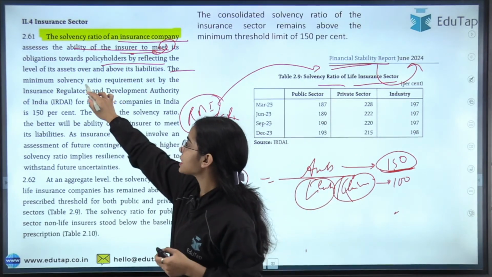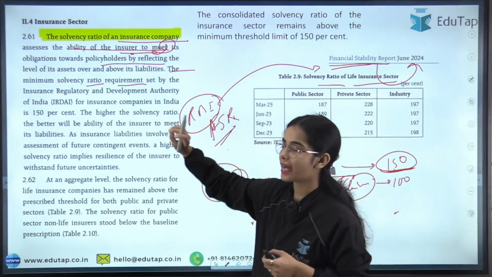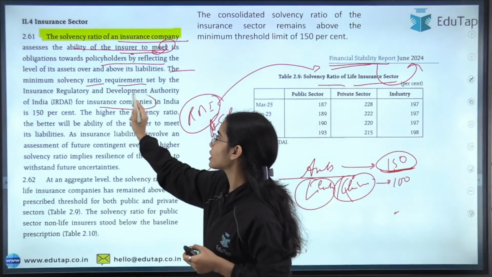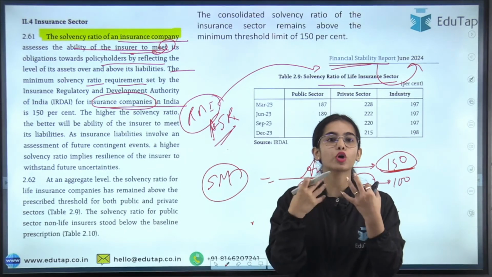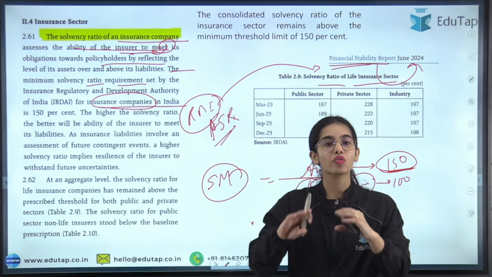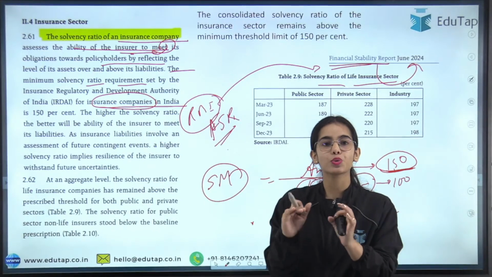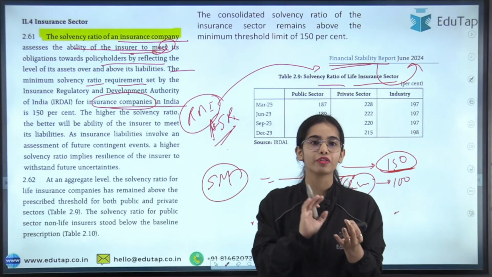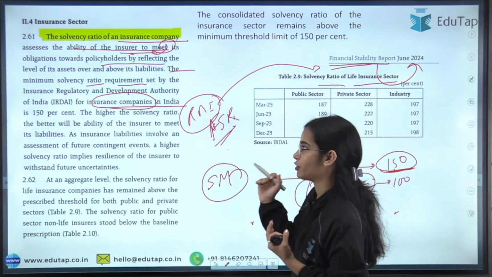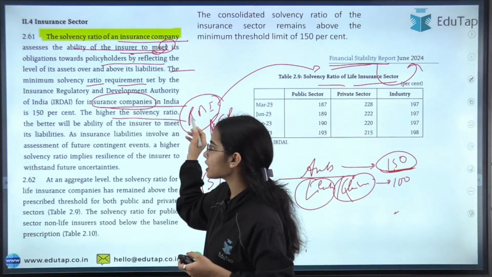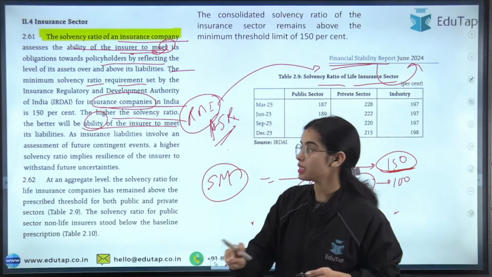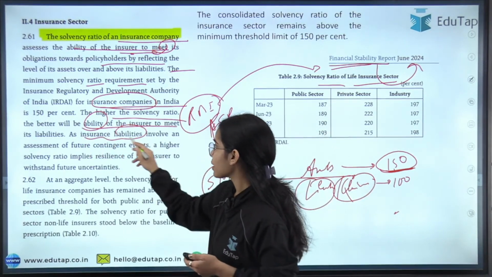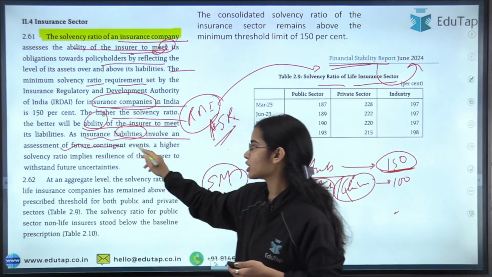The minimum solvency ratio requirement set by the IRDAI for all insurance companies in India is 150%. That means over and above the claims you can face, over and above your liabilities, you have to maintain assets of 150%. Your solvency margin is 150%. The higher the solvency ratio, the better the ability of the insurer to meet its liabilities, as insurance liabilities involve an assessment of future contingent events.